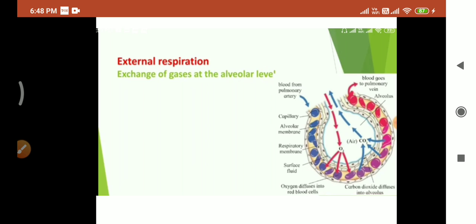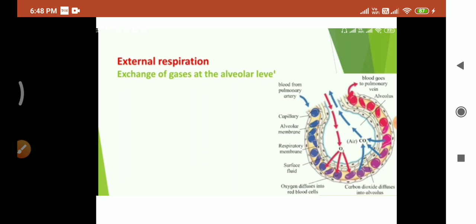An alveolus consists of a layer of simple squamous epithelium. So here this is the alveoli. For revision you can see your textbook, the human respiratory system, so all this structure will be clear to all.